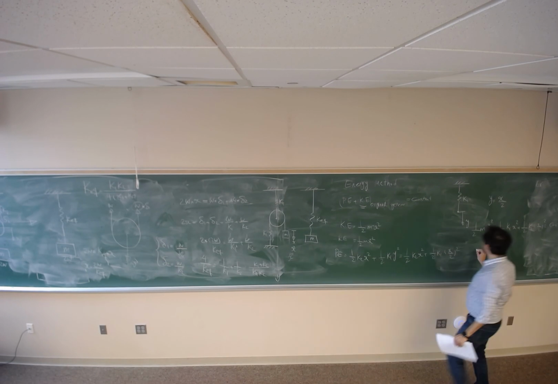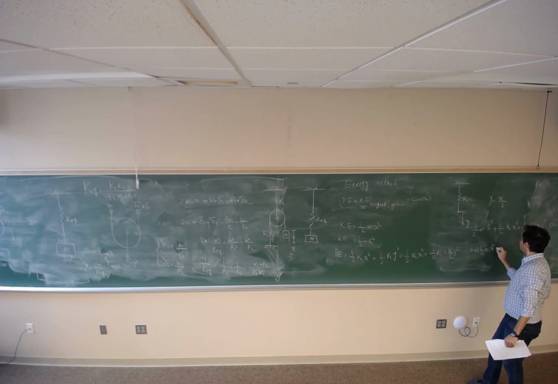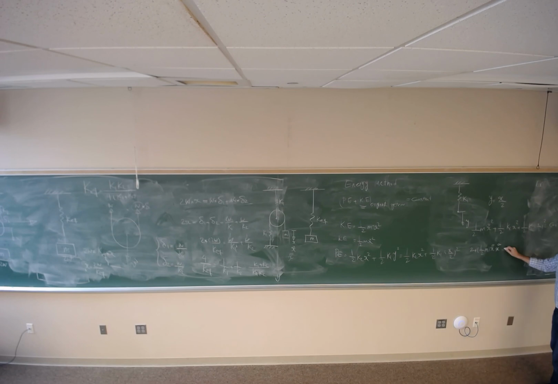So it's going to be 2 times half of m x dot x double dot, plus half of k2 is constant, but the 2 is coming out. The derivative of x with respect to time is going to be x dot. Plus, if I square this, it's going to be x squared divided by 4.